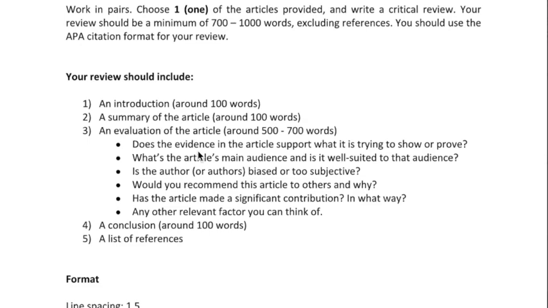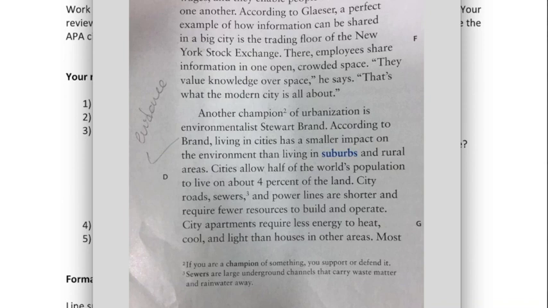If you take a look at your textbook, page 54, paragraph D, in this paragraph you can see whether or not the author of this article supports his opinion with an evidence.